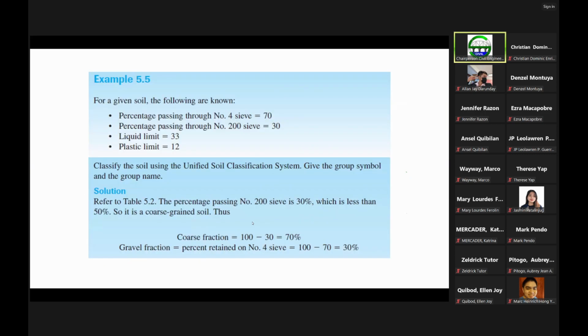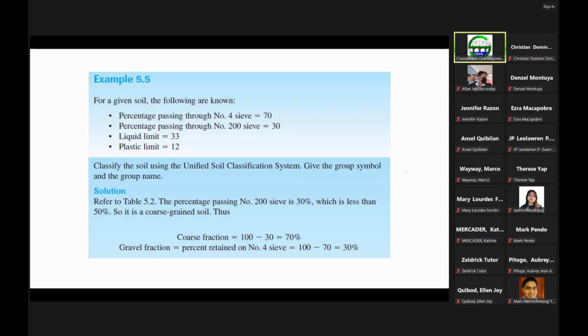So the coarse fraction is the percent retained, which is equivalent to 100% minus the percent passing. So 100 minus 30 is 70%. This is now the percent retained on the number 200 sieve. So that's the coarse fraction.